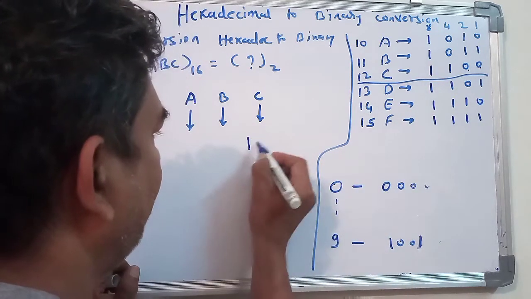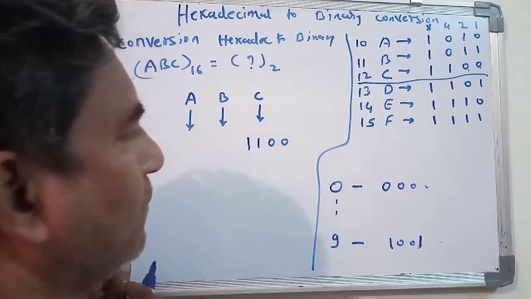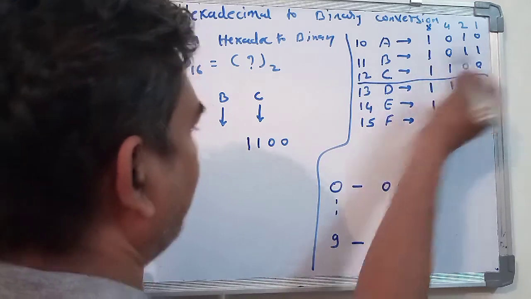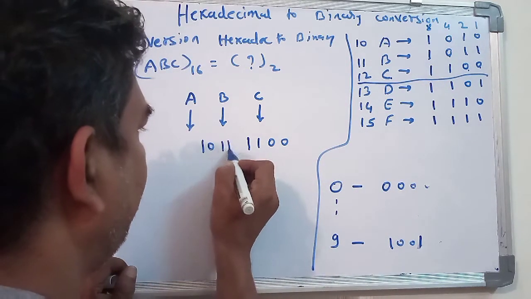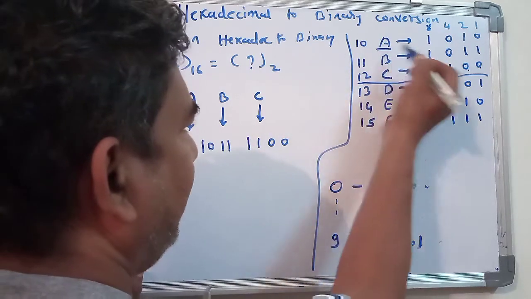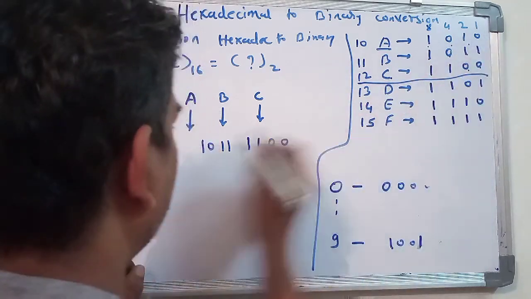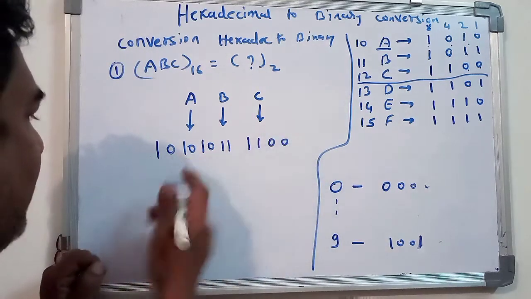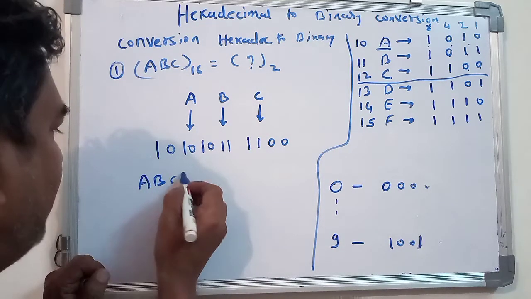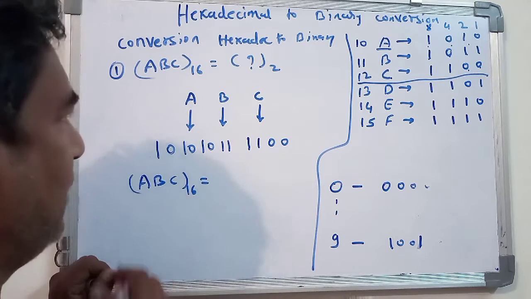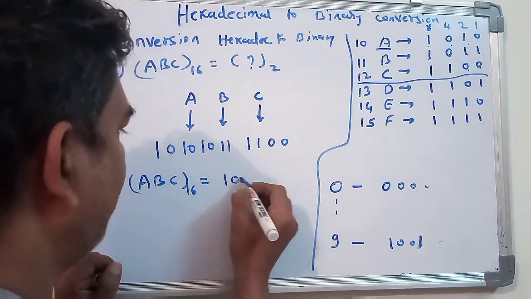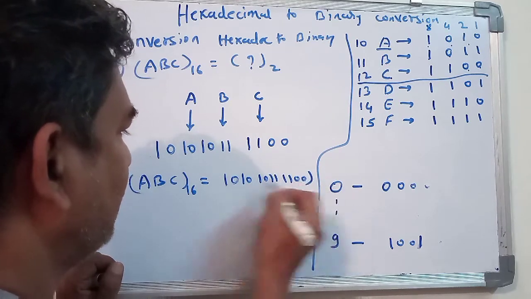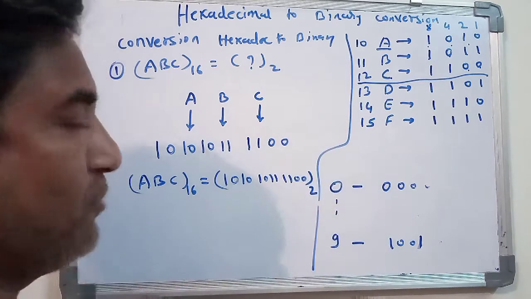B is 1011. A is 1010. Then write ABC with base 16 equal to 1010 1011 1100 with base 2.